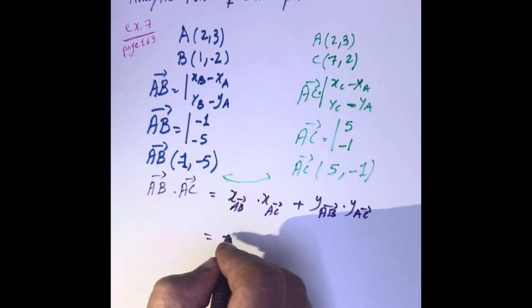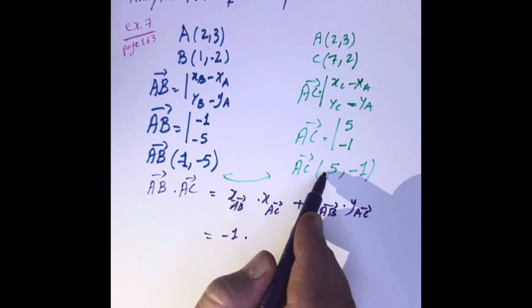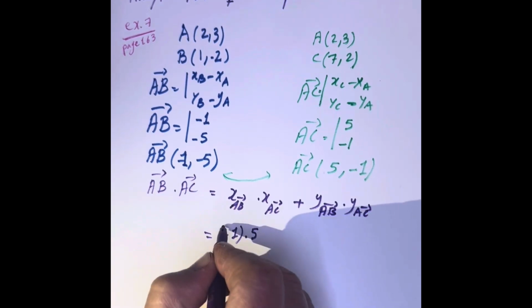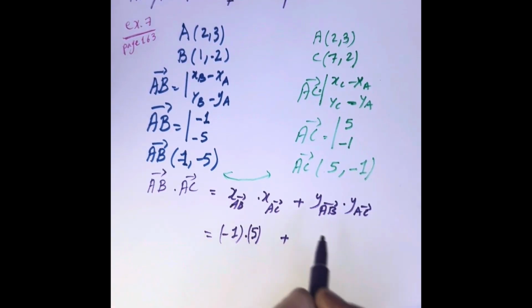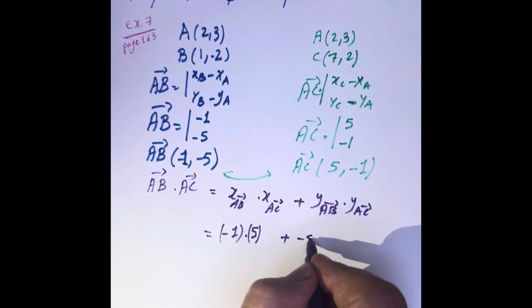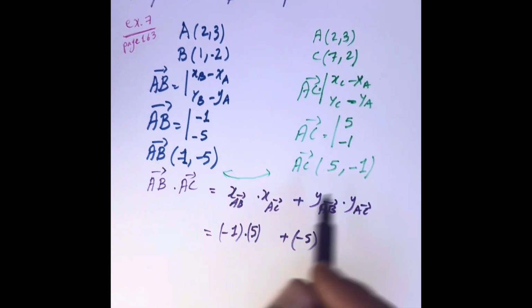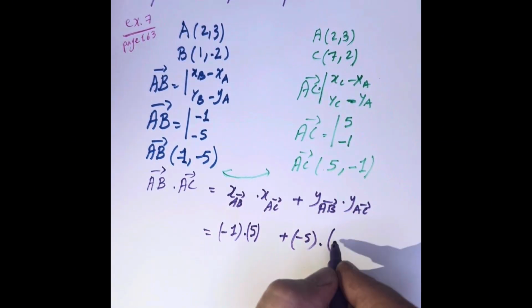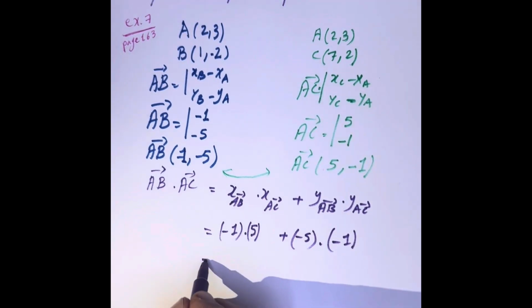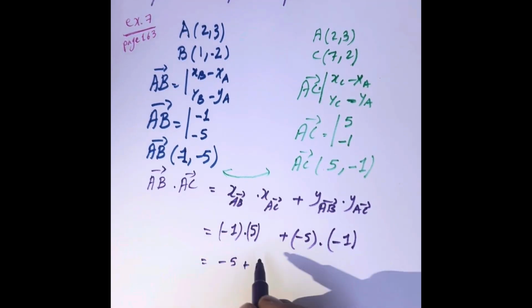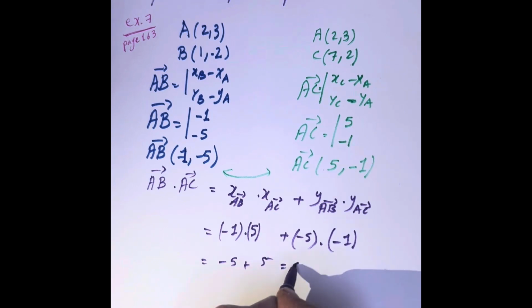X of AB, which is minus 1, times X of AC, which is 5. So we multiply the minus 1 by the 5 and add it to the Y of AB, which is minus 5, times the Y of AC, which is minus 1. By calculation, you can find that this is 0.